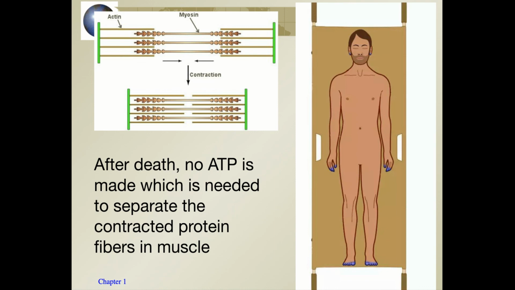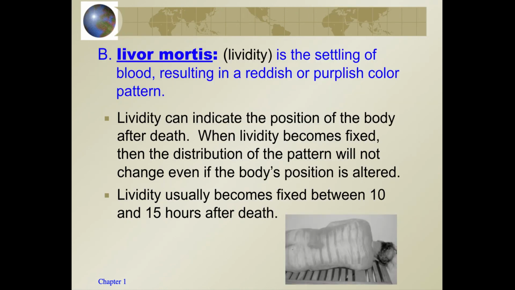If you guys remember, that's the cell's energy currency. If there is no ATP being made, then these interactions between the actin and myosin filaments are locked in place. And eventually, the interaction will begin to break down and the rigidity goes away.